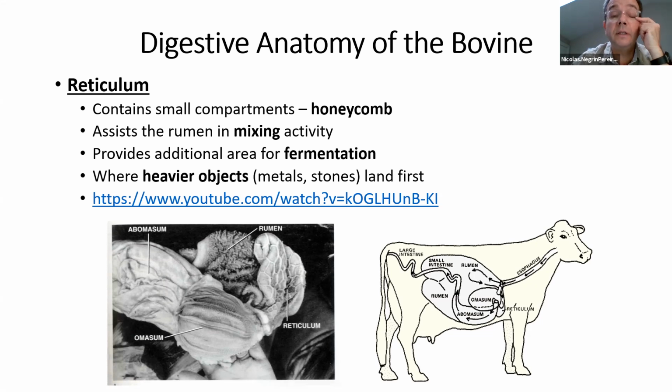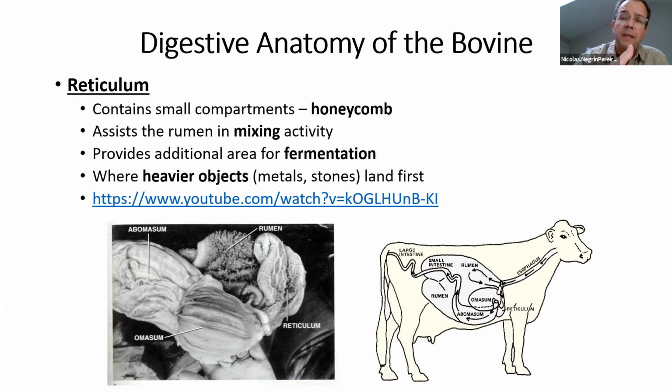It is also the stomach, sometimes called the first stomach, where the heavier objects ingested by the animal will fall, like metals, stones, and for example, wires. And I'll show you on later slides what problems the ingestion of wire can cause, which is not that unusual in cattle, especially when we are fixing fences and sometimes throw small pieces of metal on the pasture. So remember again that cows and cattle are not very selective.